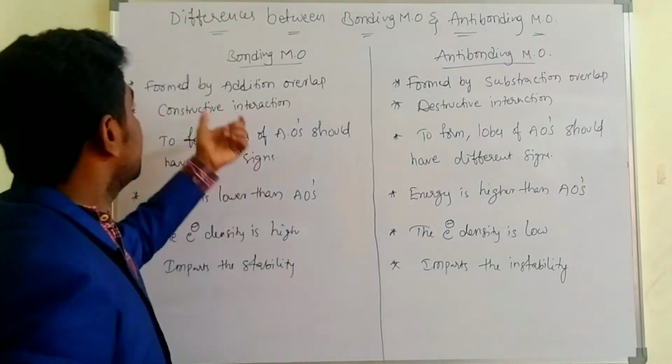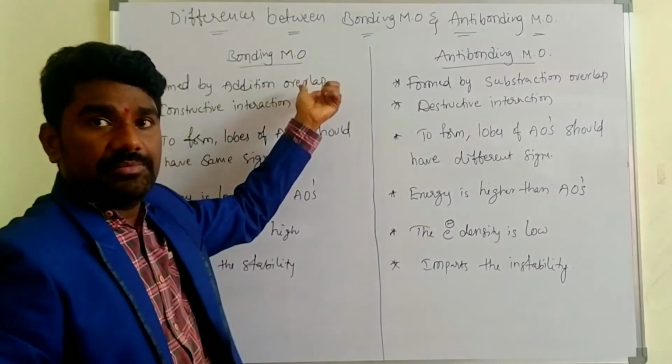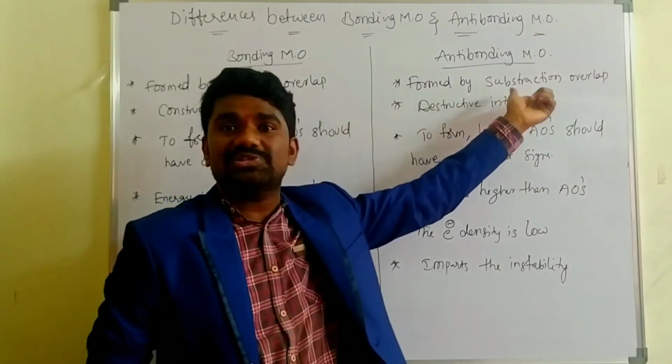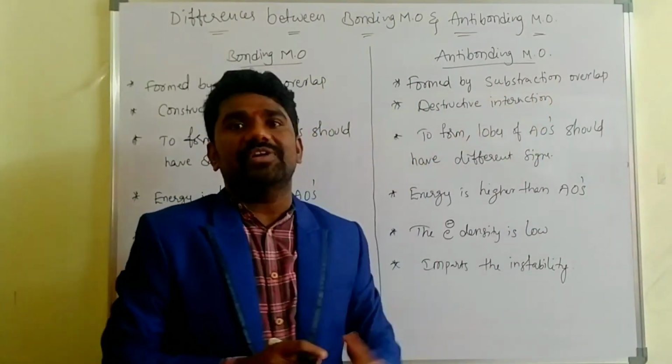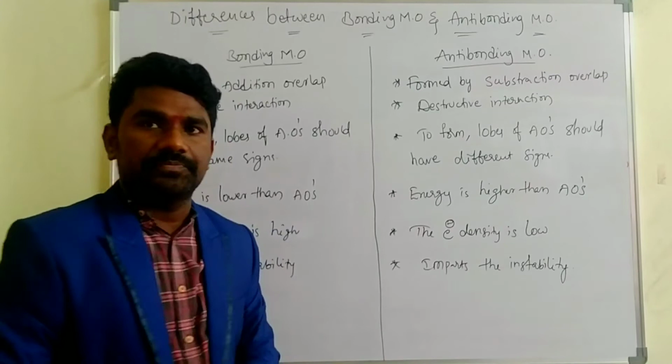Here we have the addition overlap of atomic orbitals, and here we have the subtraction overlap of atomic orbitals.